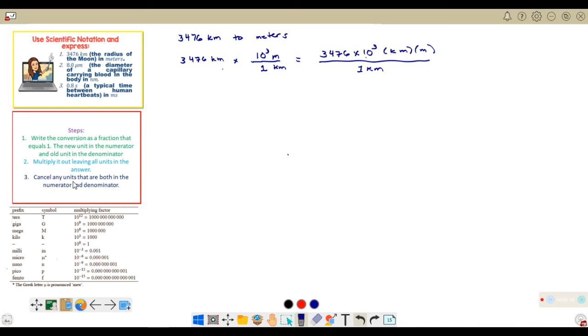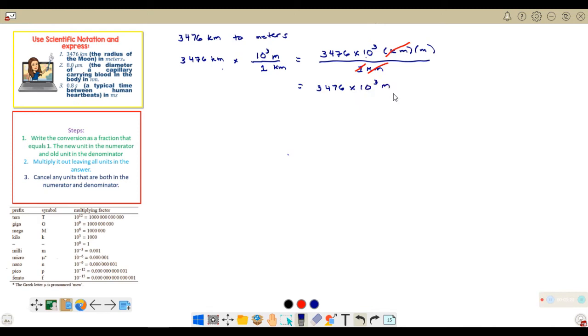Cancel all units that are both in the numerator and denominator. So, para silang may kilometer, cancel natin sila. And also, if your denominator is 1, since division by 1 is equal to itself, so tanggalin na rin natin si 1. We will be left with 3,476 times 10 raised to 3 meters.